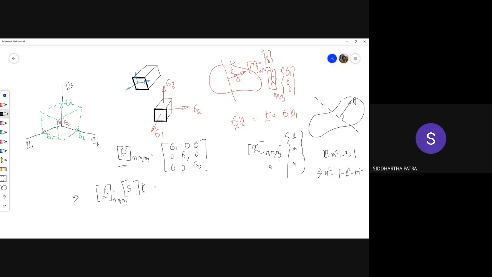Okay. So if you really think about it, n is definitely L times n1 plus m times n2 plus n times n3. I chose a poor representation of the direction cosines. Let's call them nx, ny, nz, and this basically means nz squared is 1 minus nx squared minus ny squared.